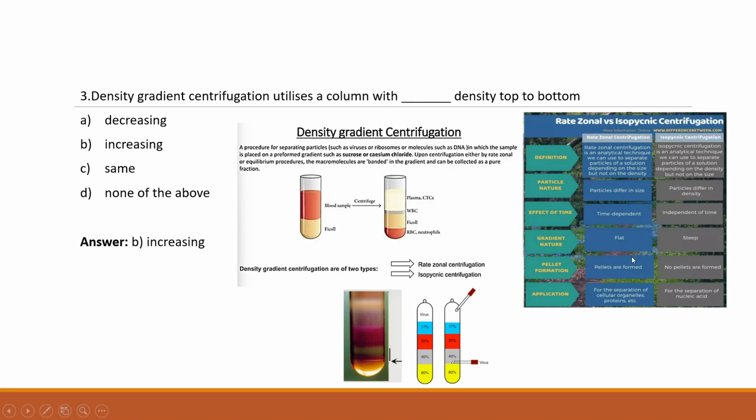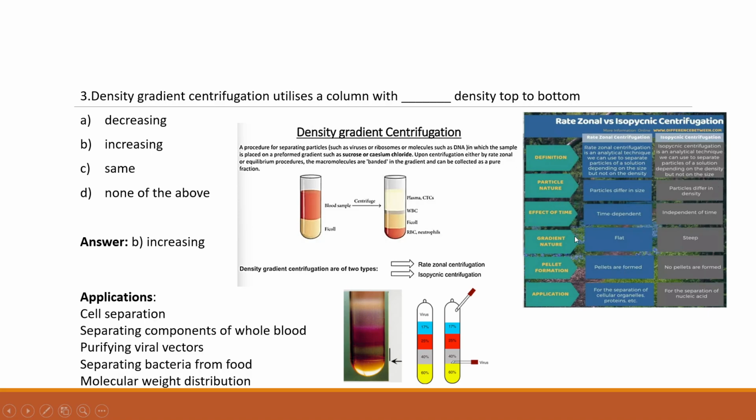So based on what type of experiment it is, what you want to separate, and what organelle or component of your cell you want, you have to think about that and choose the type of centrifugation you want to go with. Then based on that, you can use your gradient and your protocols.